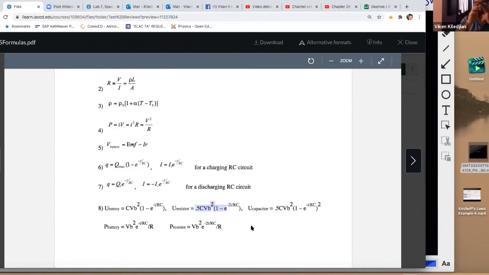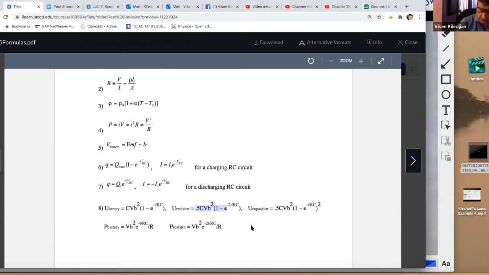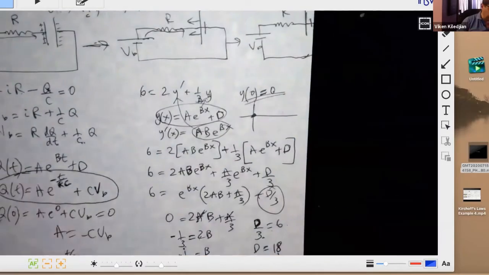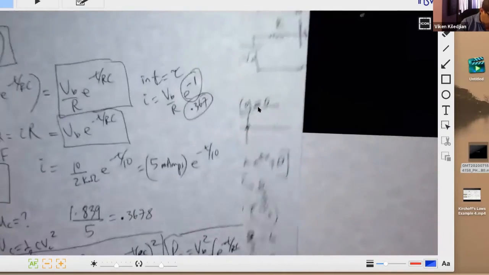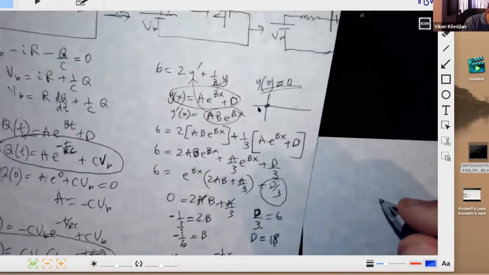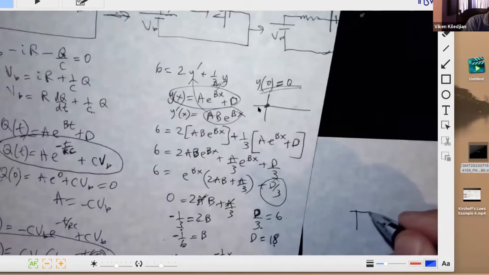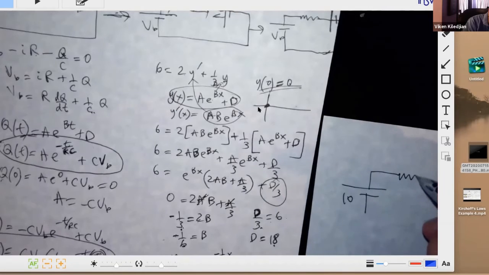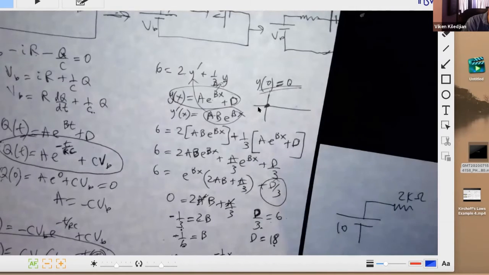So now if we plot this, let's go back to our circuit of 10, 2 kilo ohms.